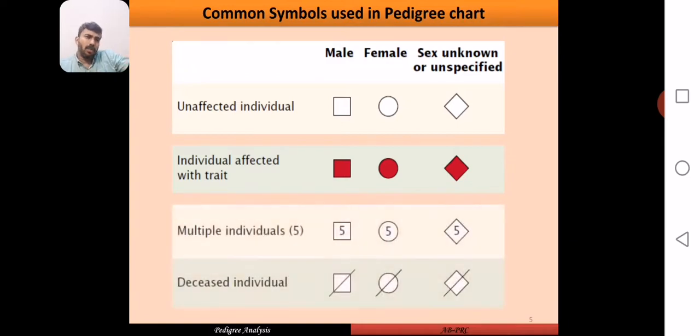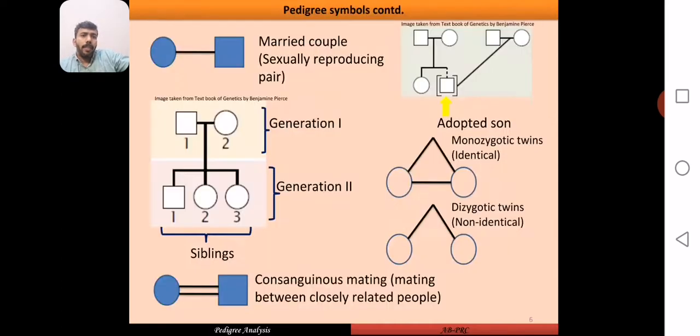Then you have all the other things. If you have certain numbers in the symbol, it represents multiple individuals. If you have a cross line through a symbol, it means that individual has died. Then you have this one.